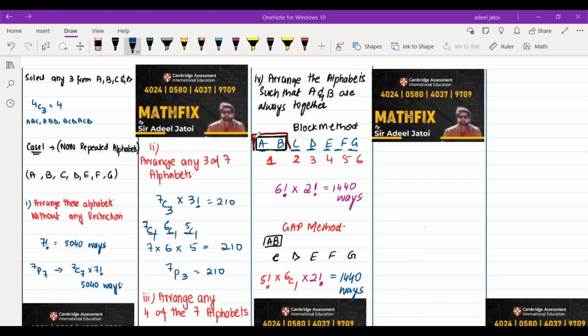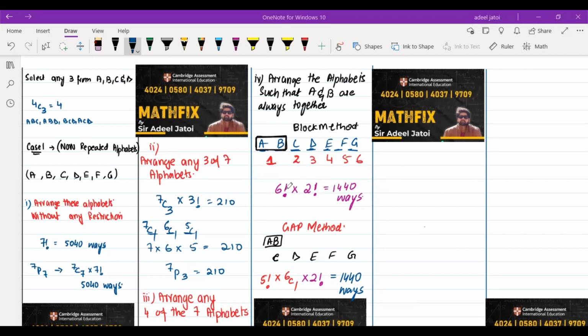I create the block of AB to make sure AB is together. Then we have 6, out of which 5 are alphabets and 1 is the block. So we apply 6 factorial for this, and 2 factorial for the arrangement change of AB as BA as well. So 6 factorial into 2 factorial will be 1440 ways.